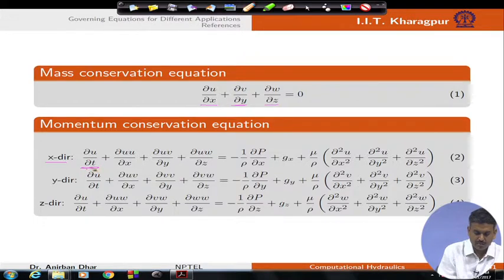This is your temporal term, this is your advective term, and this is your pressure term, and this is the body force or gravity term, and this is our diffusion term, where mu is the dynamic viscosity, rho is the density of fluid, p is pressure, and we already know that u, v, w are the components of velocity.